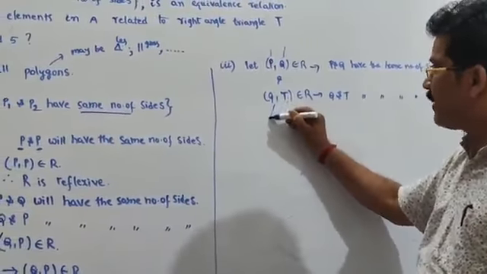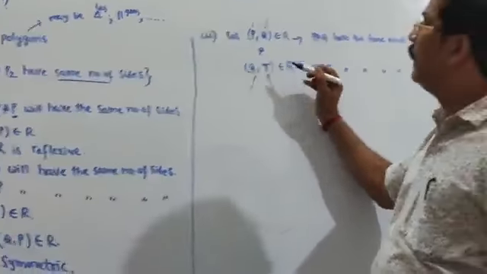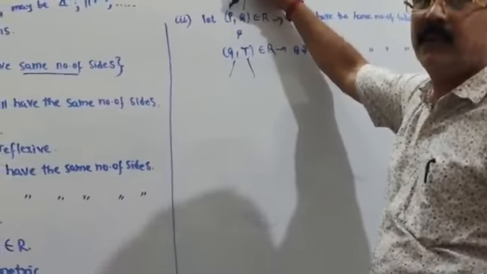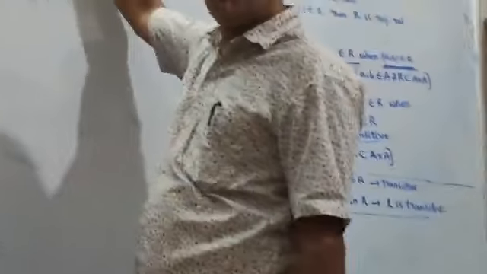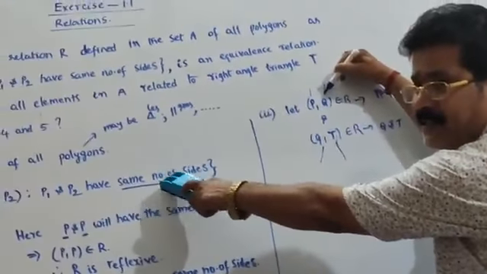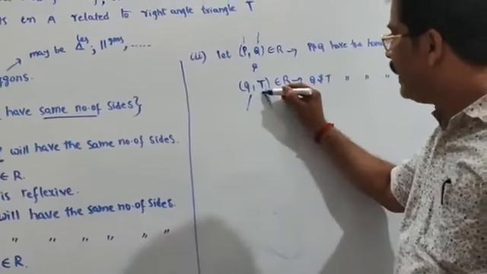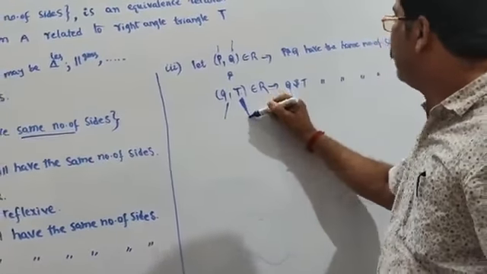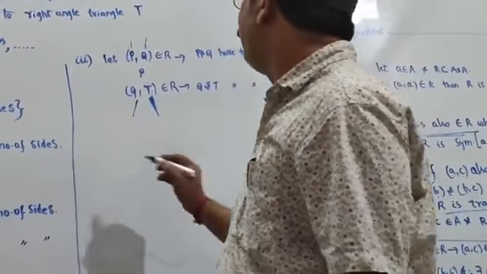When Q is a triangle, then T will be the triangle. Another example, if capital P is a parallelogram, definitely capital Q will be the parallelogram, because of the given hypothesis. Next, Q is already a parallelogram, and we are taking another parallelogram, so that it will have the same number of sides.